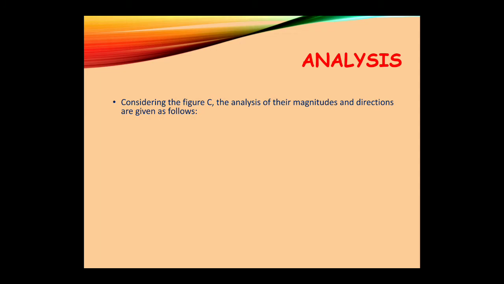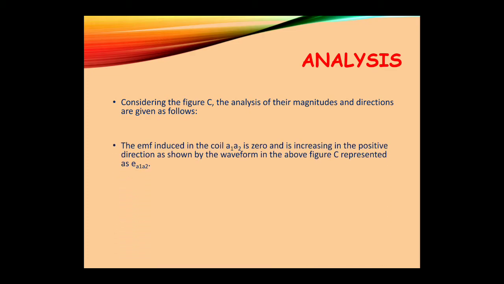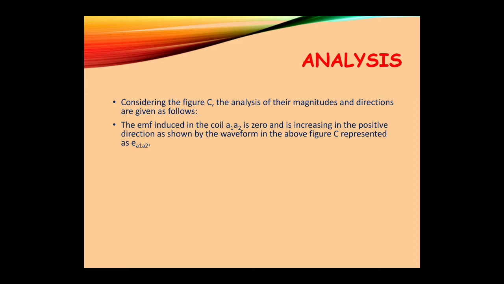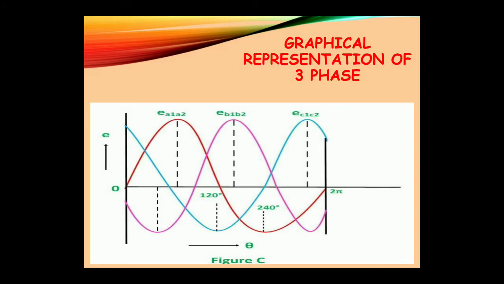Consider the figure C. The analysis of their magnitude and direction is given as follows. The EMF induced in the coil A1, A2 is 0 and is increasing in the positive direction, as shown by the waveform in the above figure C. We can see it in this image.